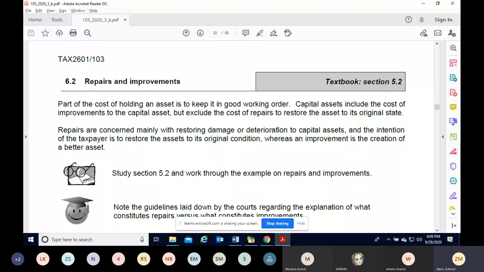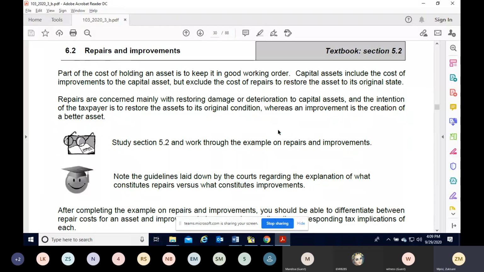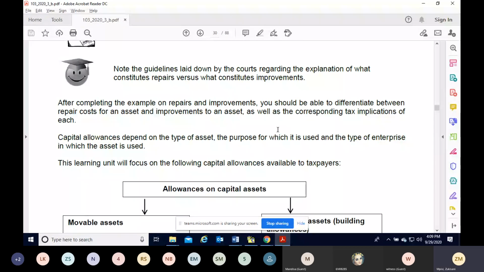But in order to be able to repair, there must have been a damage or deterioration of the original asset, and the intention to restore must be identifiable from the taxpayer.